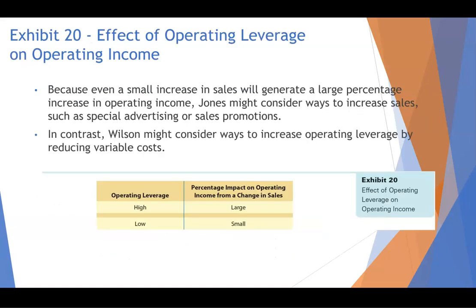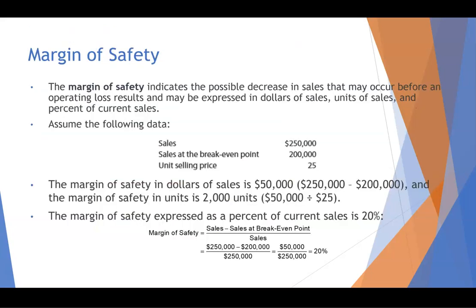The impact of a change in sales on operating income for companies with high and low operating leverage is shown here on the slide. The margin of safety indicates the decrease in sales that may occur before an operating loss results.